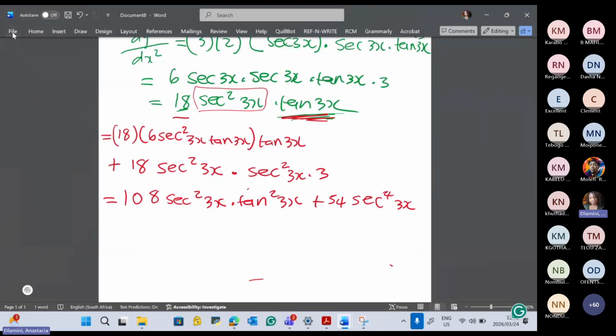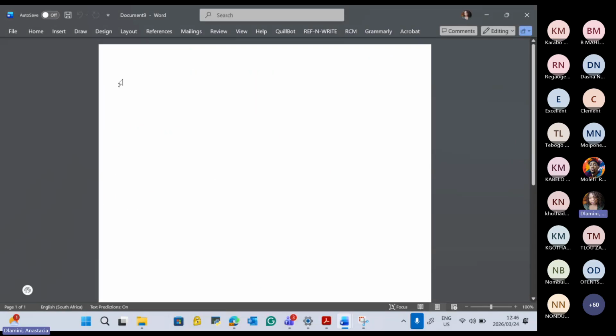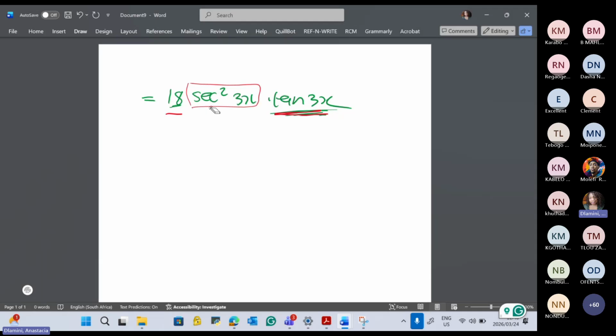I think the identity will make it easier here. So we know that dy over dx... Can we apply the identity here, guys? Yes, ma'am. What is the identity of sec squared 3x? It's 1 plus tan squared 3x.